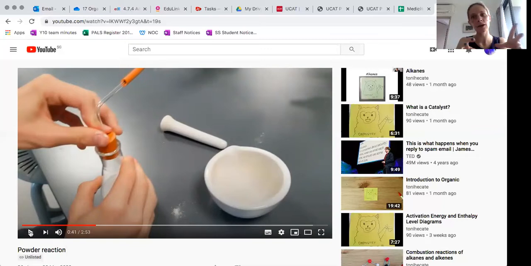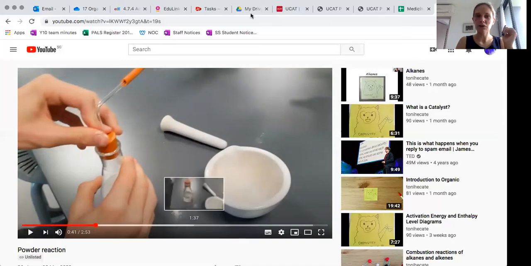There is no way to prevent all of the gas escaping. That means the amount of gas you measure is always going to be lower than you expect it to be, so your rate of reaction is going to be lower. That's one of the key things you need to make sure you talk about in your evaluation.